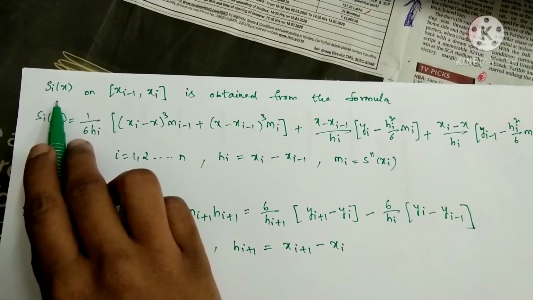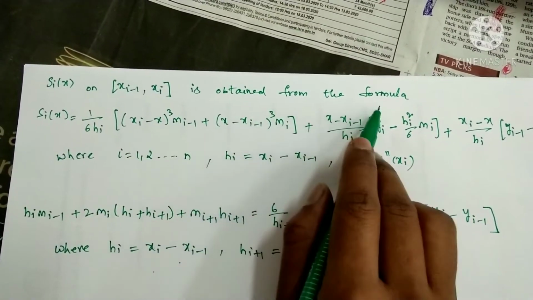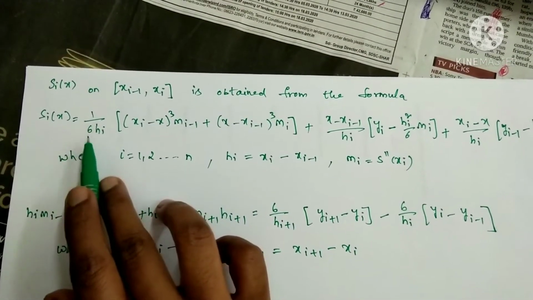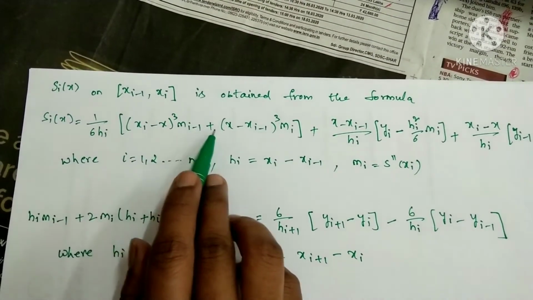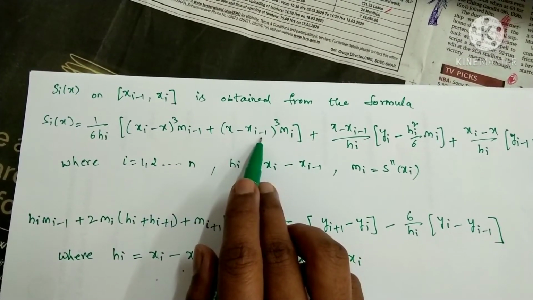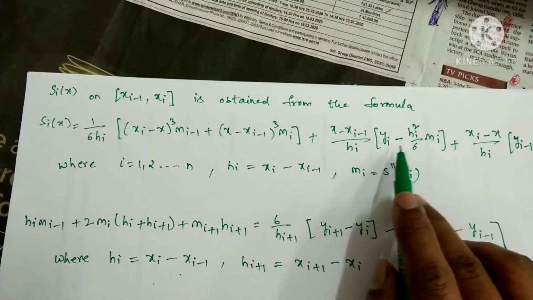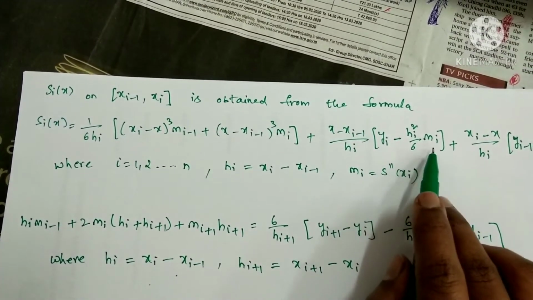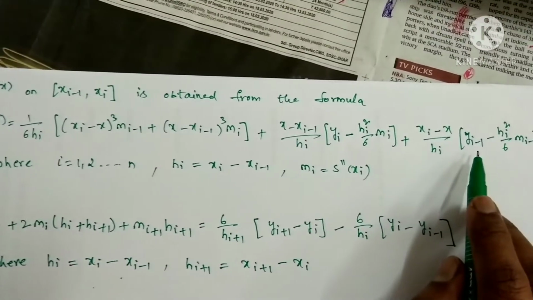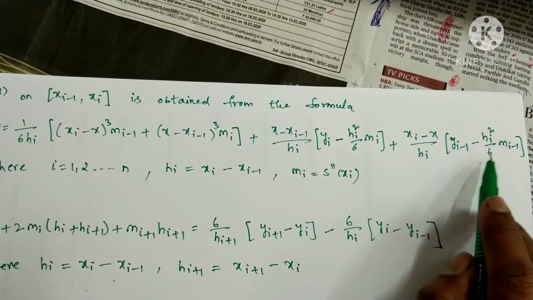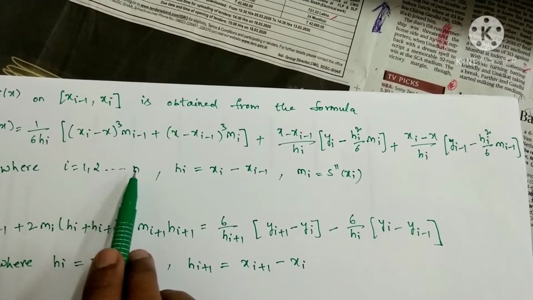The cubic spline function Si(x) on the general interval [x(i-1), xi] is obtained from the formula Si(x) = 1/(6hi) [(xi - x)^3 M(i-1) + (x - x(i-1))^3 Mi] + ((x - x(i-1))/hi)(yi - hi^2/6 Mi) + ((xi - x)/hi)(y(i-1) - hi^2/6 M(i-1)), where i = 1, 2, 3 and so on n.